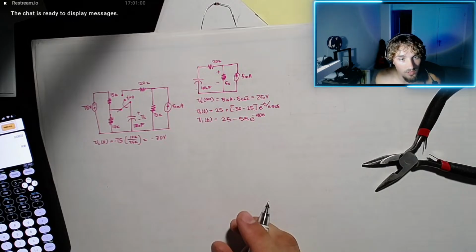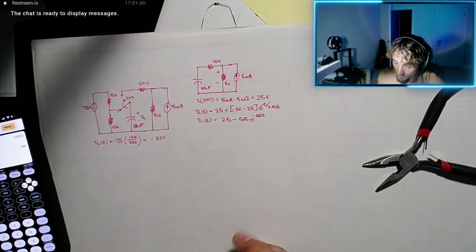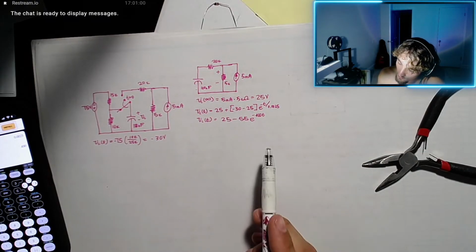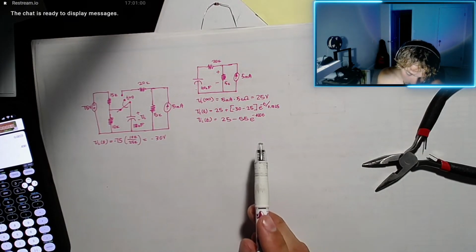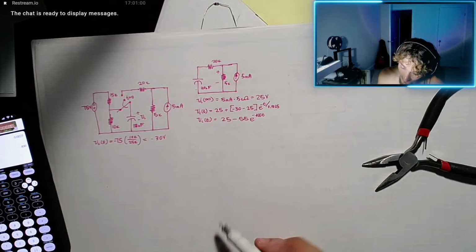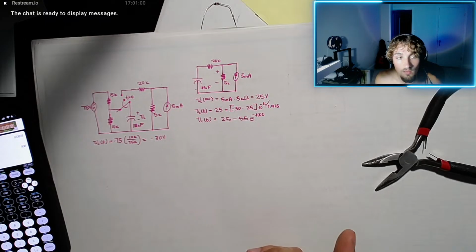The initial voltage on the capacitor, negative 30. The final voltage on the capacitor, positive 25. The time constant, 2.5 milliseconds. R Thevenin, indeed. That is 2.5 milliseconds. That is true, yeah.